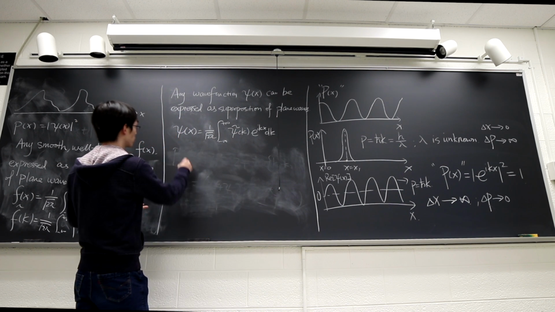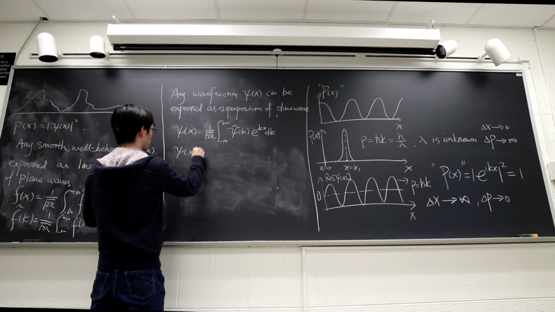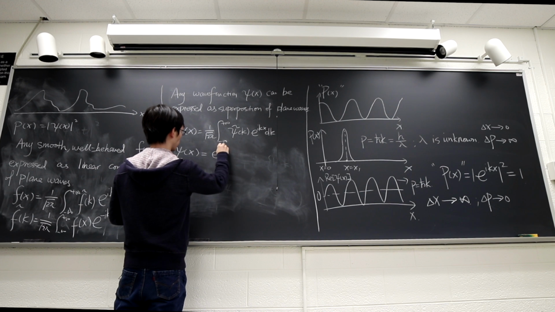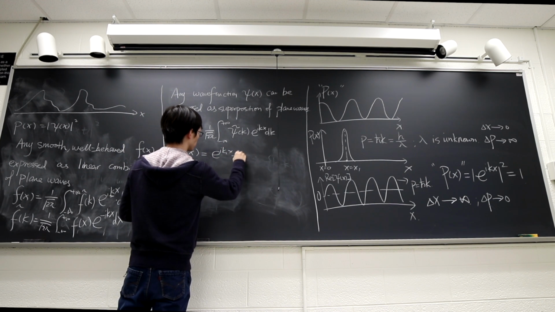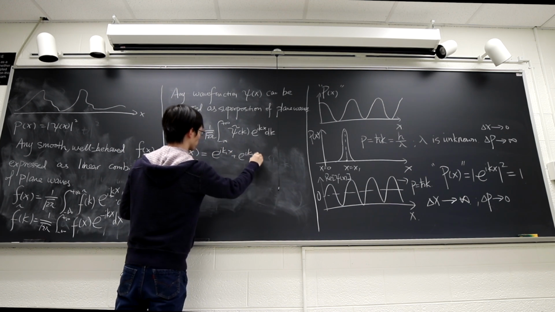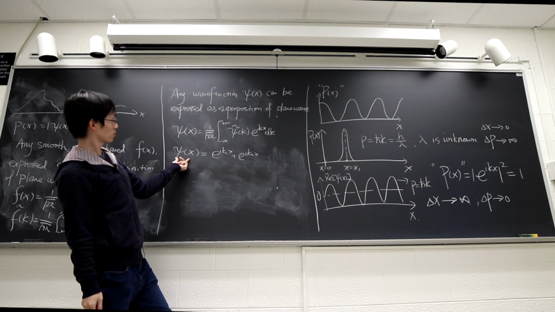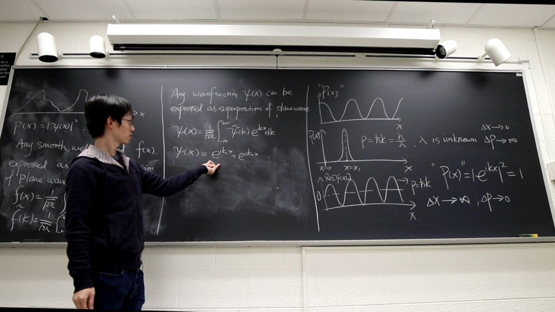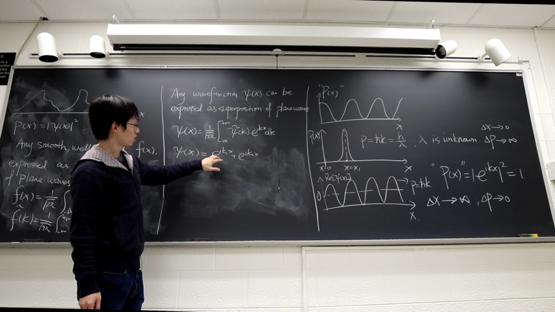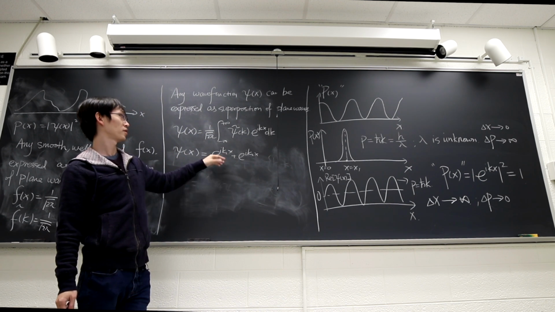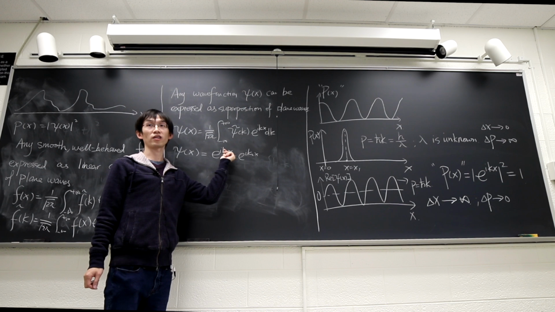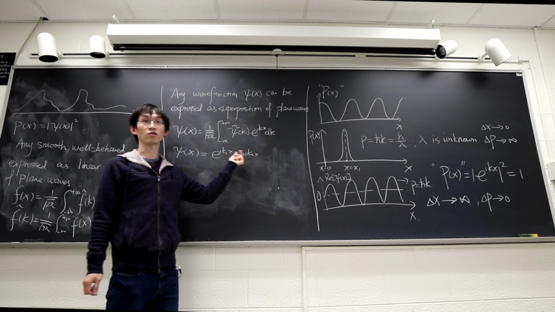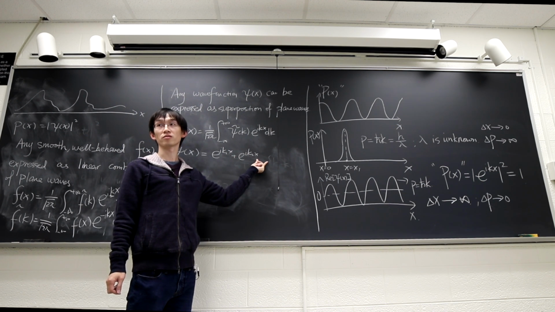For example, if we have e^(ik1x) plus e^(ik2x), then for this function we know it has half the probability of seeing a momentum of k1 and half the probability of seeing a momentum of k2.